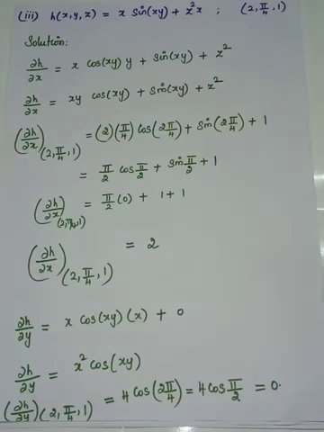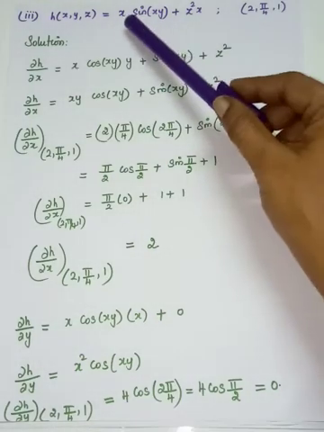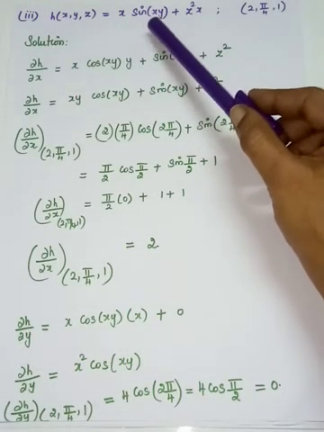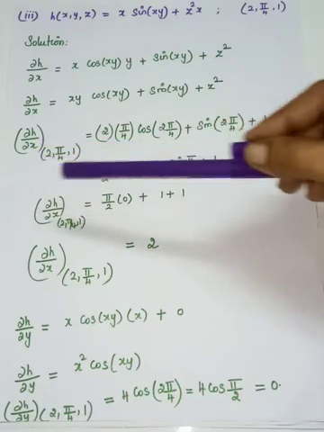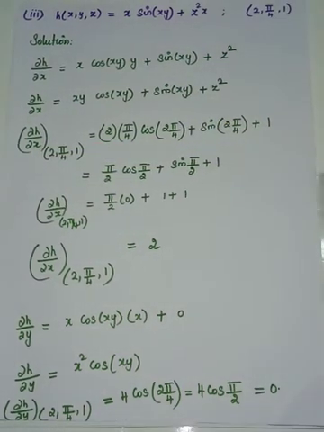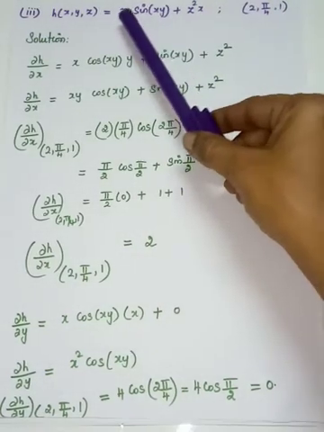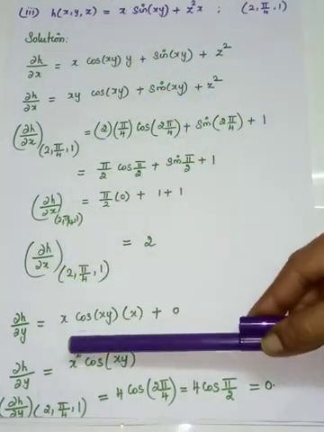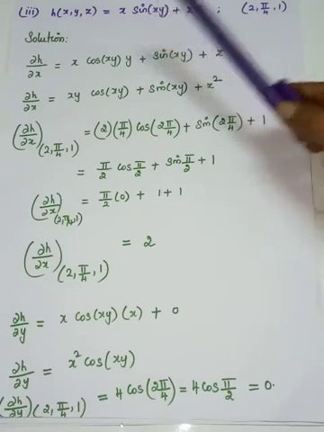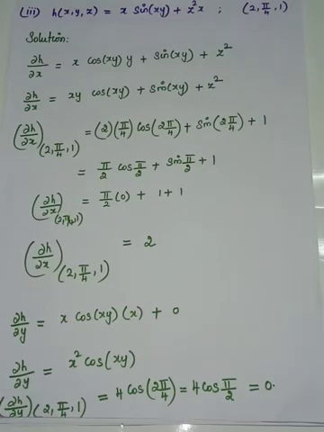Next we are moving to ∂h/∂y. That means x and z are treated as constants. Okay, look at the first term of this h function. So here we are going to differentiate partially with respect to y, isn't it? So see now, x is a constant, so x is taken out. But what is remaining here? Sine of xy. In the trigonometric function you are having y, so we have to differentiate.